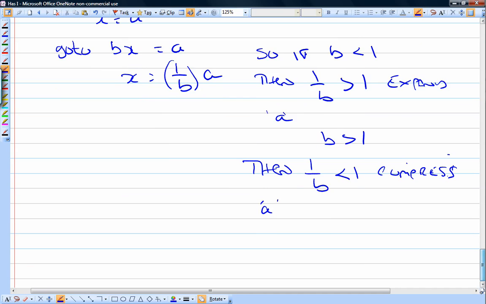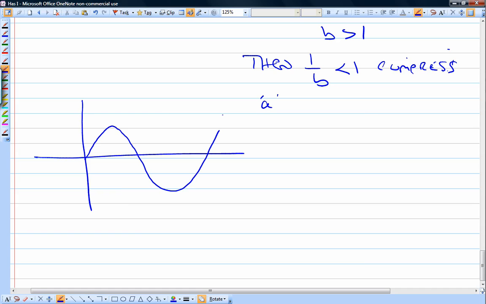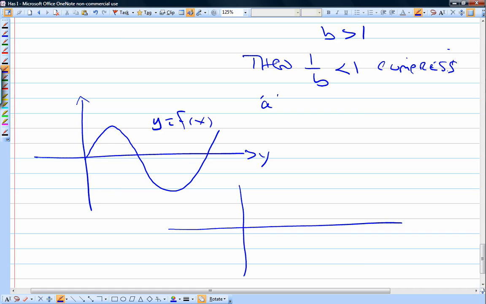So to illustrate this, the best one we have, not going to bother with color, is let's look at this graph, which hopefully we recognize as a sinusoidal graph. Okay, so there's our y equals f of x. If I compress it like that, y equals f of b of x.